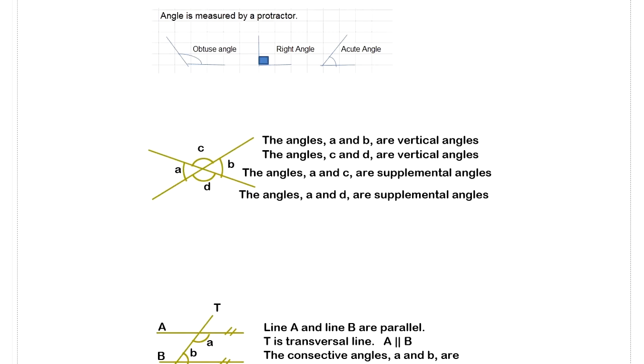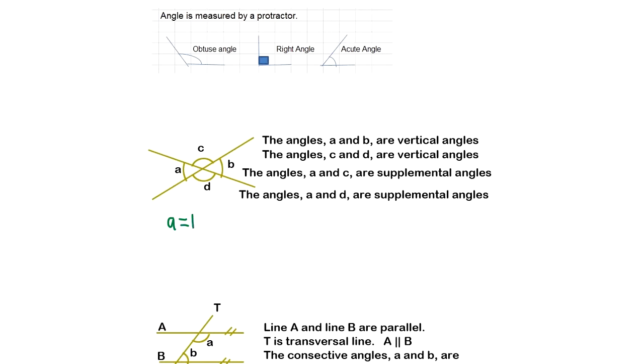And also when you have two lines crossing like that, there's a name for the angles between them. A and B are vertical angles, and C and D are vertical angles. And vertical angles are always equal, right? So you learned this already.